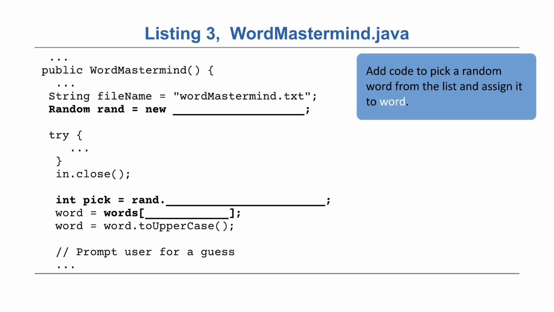Run it. What happened? It should have given you a random word for you to guess. It's easier to test the program when you know the random word it chose. Remember, you can always add system.out.println statements to print the word in the console pane. But don't forget to remove all those system.out.println statements when you're done with the program.